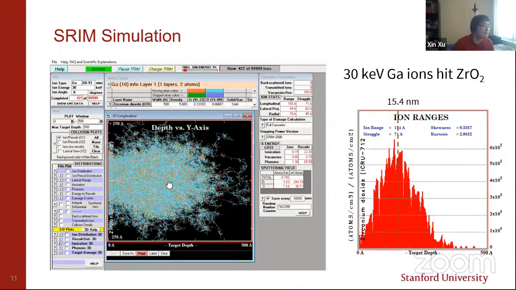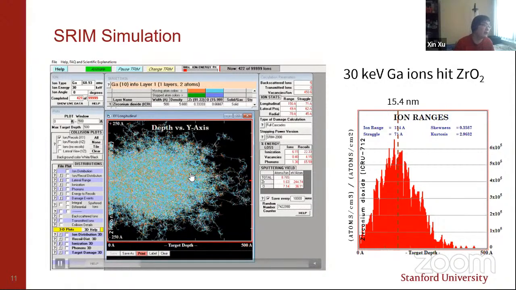If you have one gallium ion, it will trace a path, and during this trace, it can generate up to thousands of vacancies just due to this one single atom.